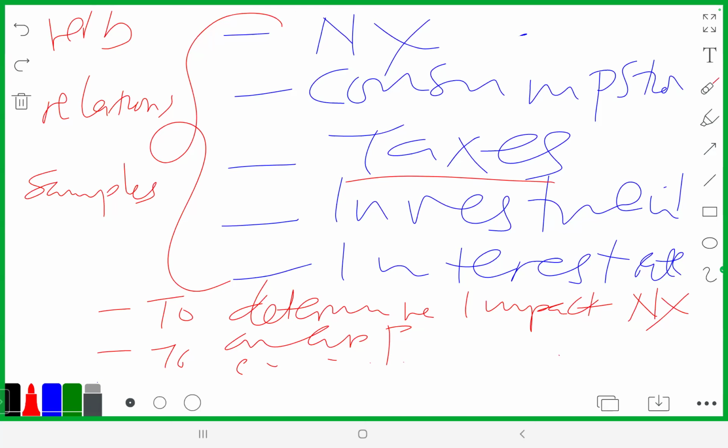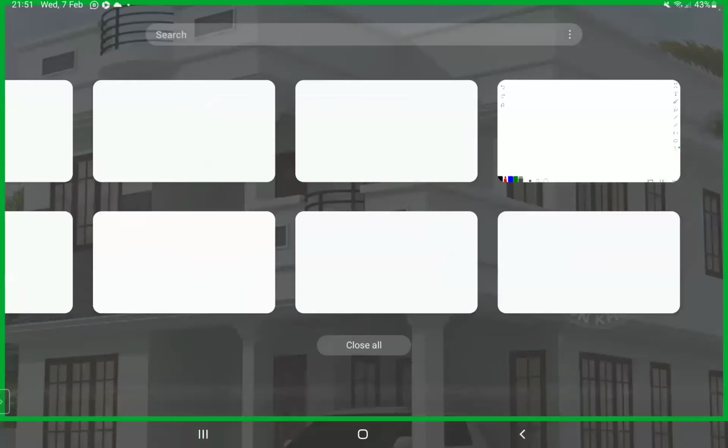We are looking at the impact of a certain term on a certain variable. Then be specific, maybe in Zambia, because your question will be more specific. So you even give the specificity of your sample that you're dealing with. That's very important. Basically, that's how you come up with these research objectives. They are not very difficult, and I'll also train you further on how to come up with them.